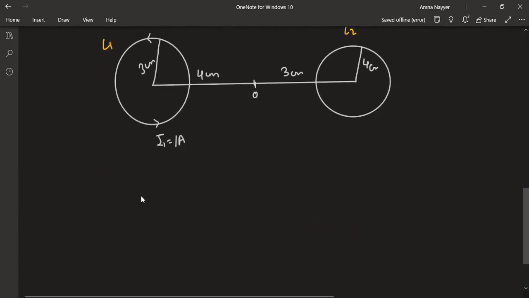So net current should be 0. So current for first loop. Just now we have seen this was drawn like this, which means this point is lying on the axis of it. This is not linear. So this will be mu naught I1 r square.